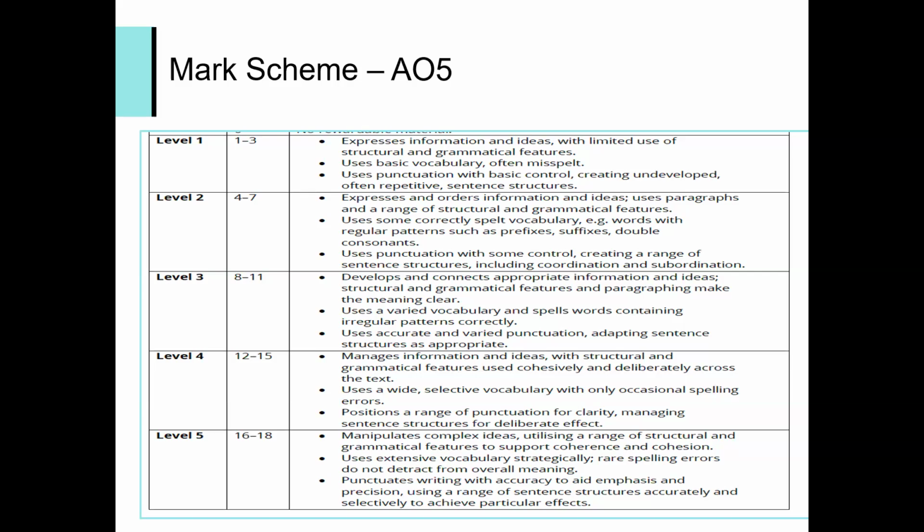And then the third bullet point is about punctuation: basic, some control, accurate and varied, a range for clarity, and then writing with accuracy to aid emphasis and precision. And that one is also talking about sentence types and structures.